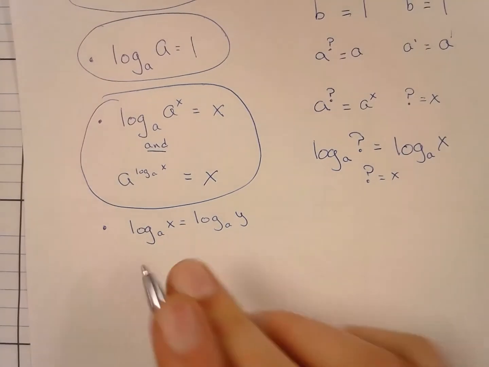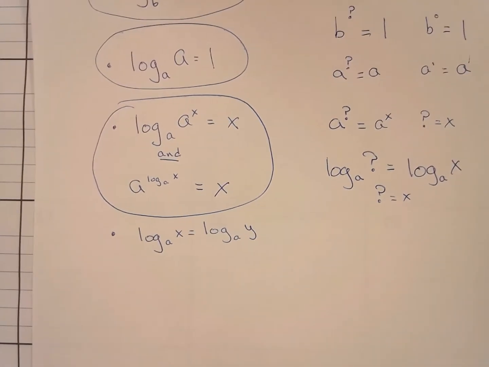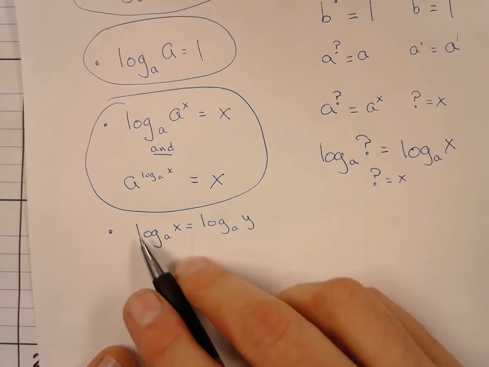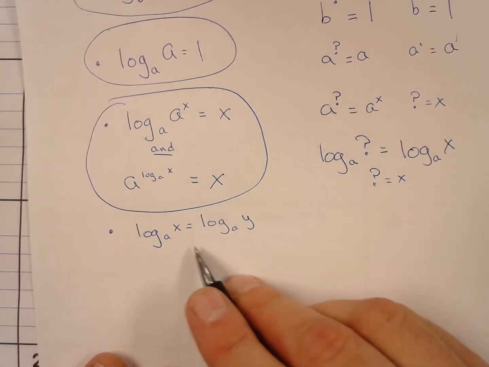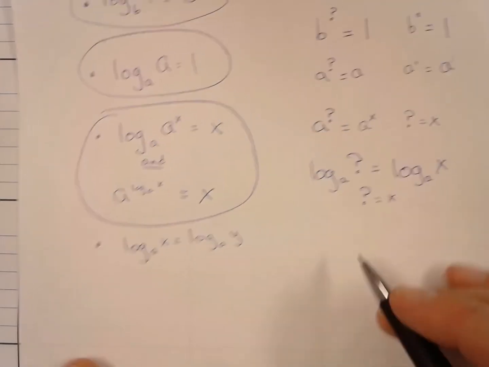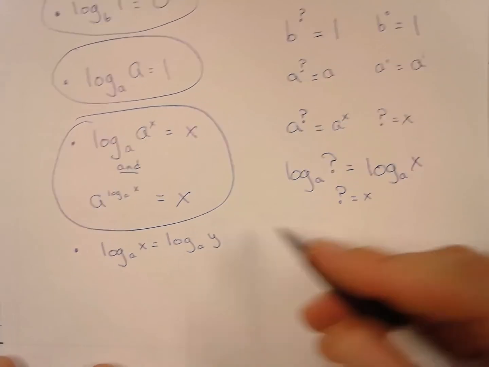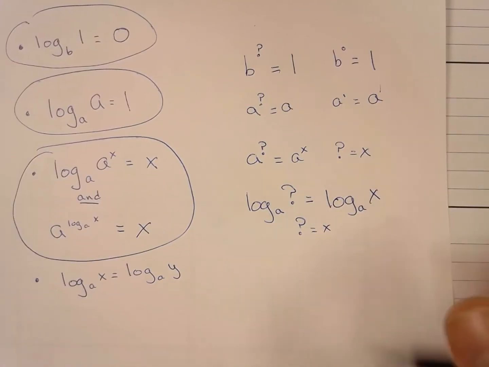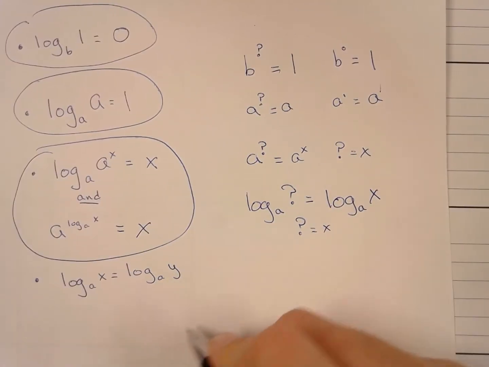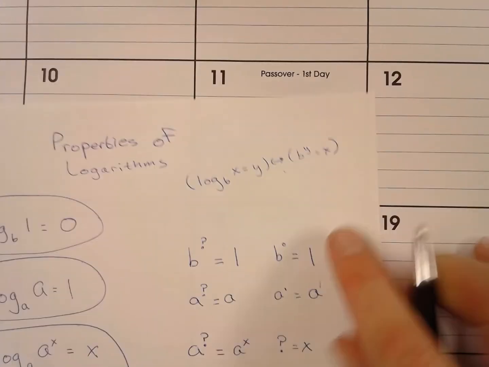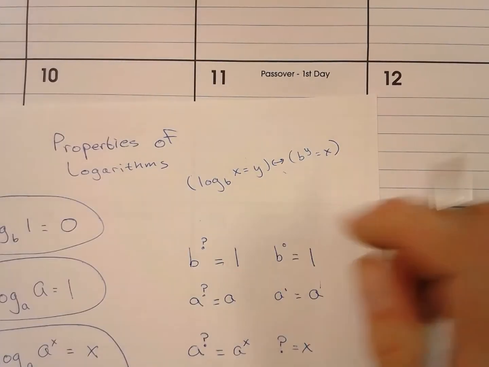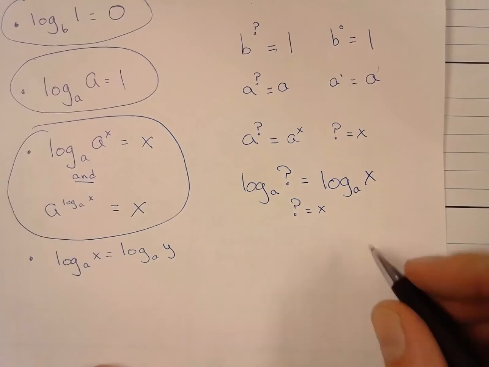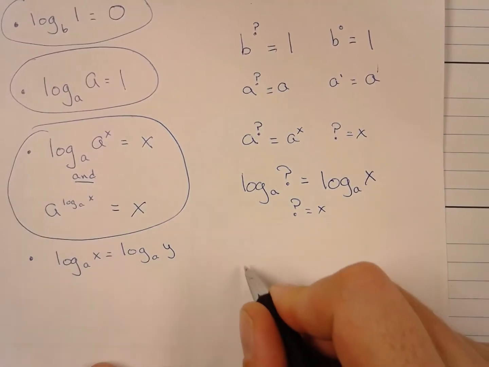All right, last one here is the one-to-one property. Log base a of x equals log base a of y. What is the situation that would make this true? Using the definition, once again, let me just convert this real quick.